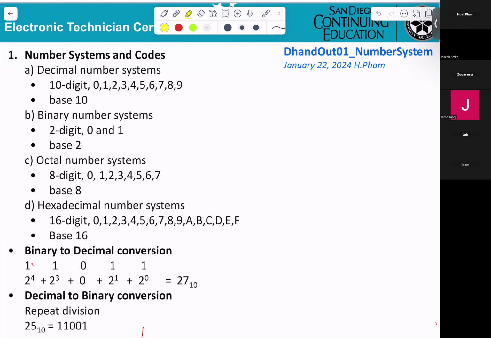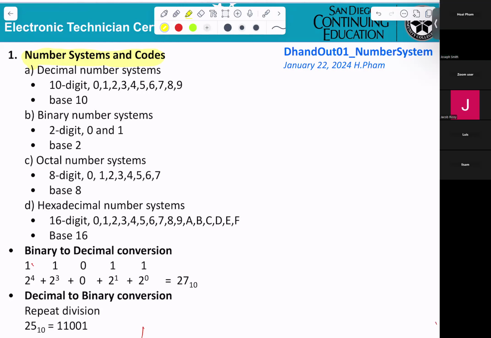Or when you go to engineering level, then they can go into more detail. However, if you get the basic understanding, there will be no problem. Okay? So the first thing we're talking about is number systems.